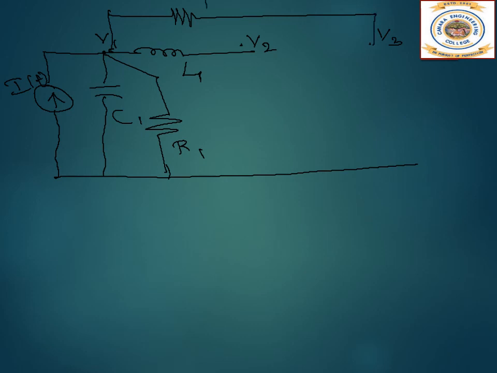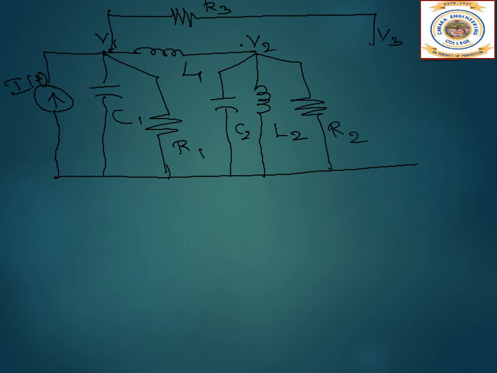So this is R3. Coming to node 2, we have L2, then the capacitor C2 and the resistor R2. And this L3 is between node 2 and 3. So this will be the network.